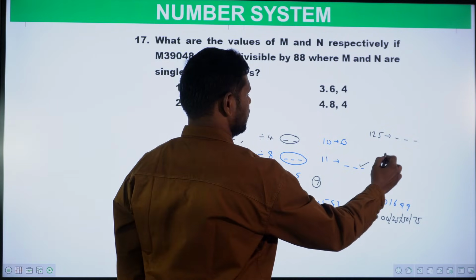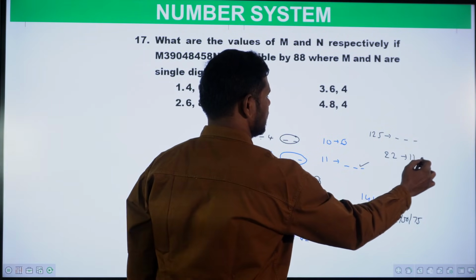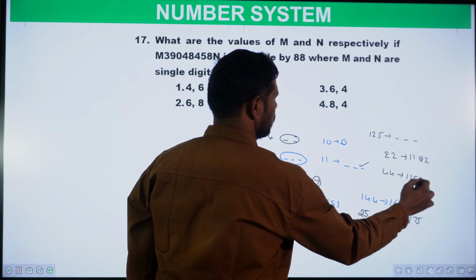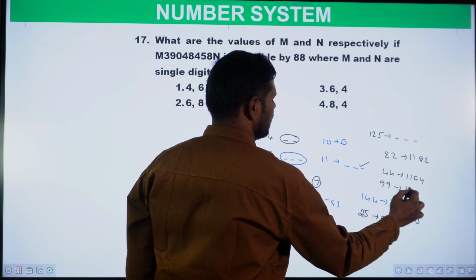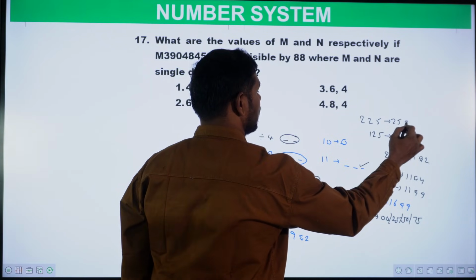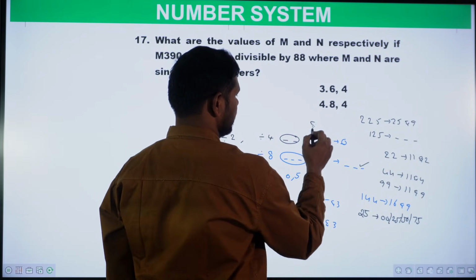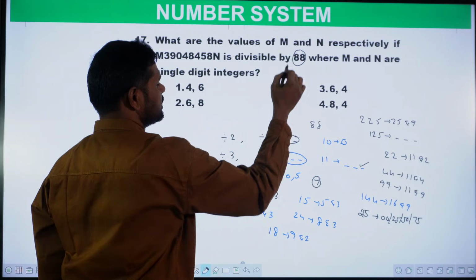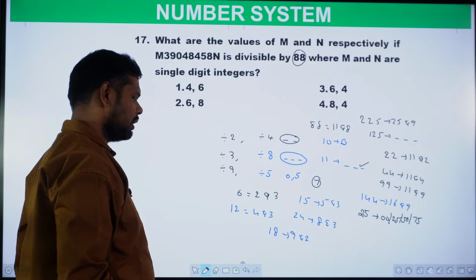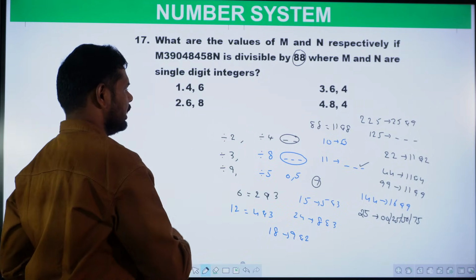If a number is divisible by 22, it means 11 and 2; 44 means 11 and 4; 99 means 11 and 9; 225 means 25 and 9. So in this question, 88 means the number must be divisible by 11 and 8, and those numbers are exactly divisible by 88.